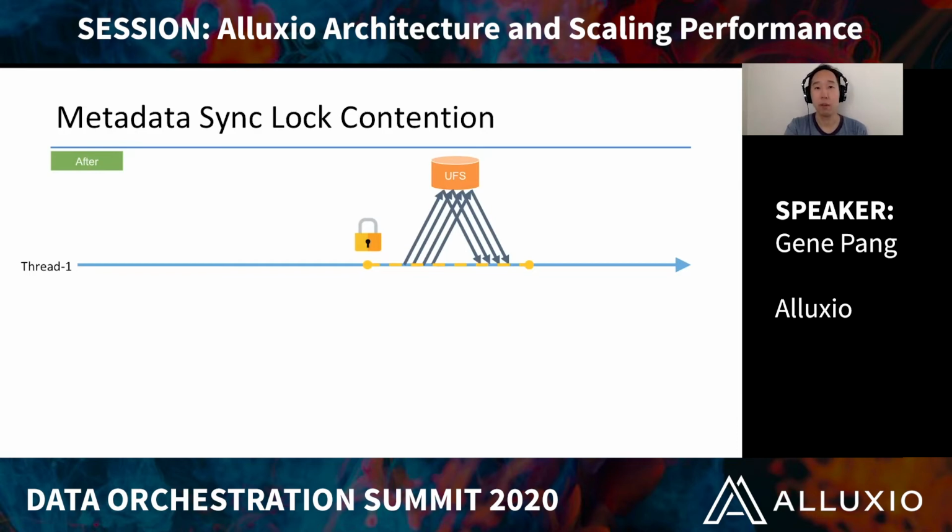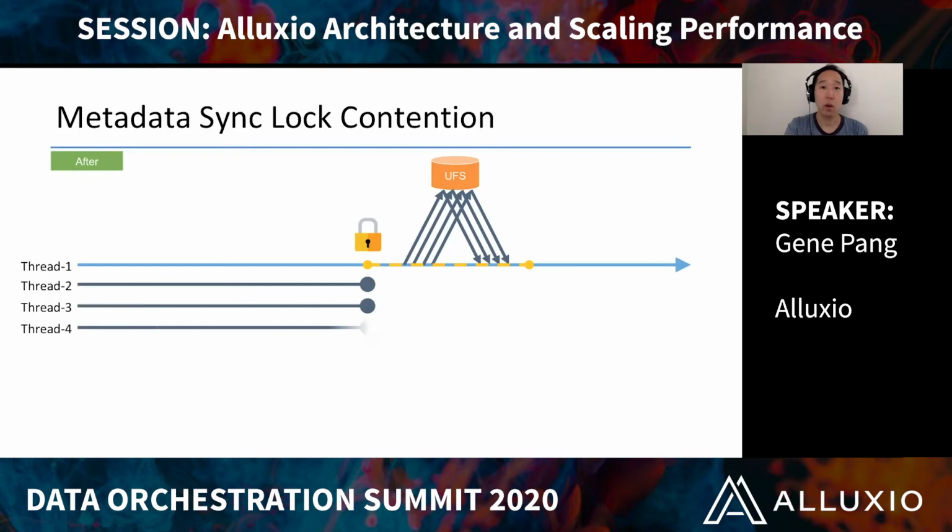What that does is it speeds things up, so we can more quickly retrieve the information from the UFS and more quickly update the metadata in Alluxio. What that really means is that the portion of time that is write locked for that thread is much shorter than it was before.